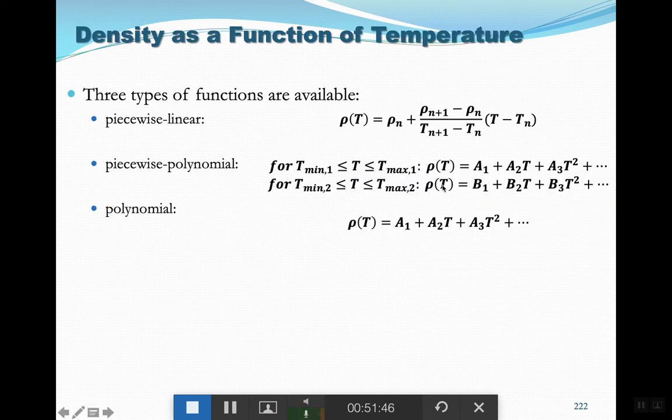So the other thing is density as a function of temperature. Your density could simply be a function of temperature. One very obvious example of it is natural convection. You remember, because we said in natural convection the natural way of simulating it is assuming density is a function of temperature.